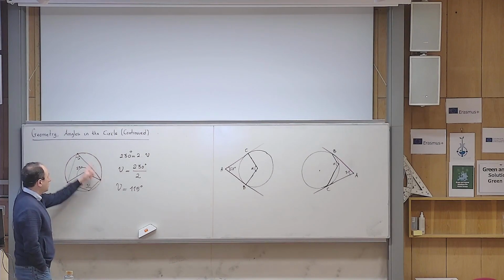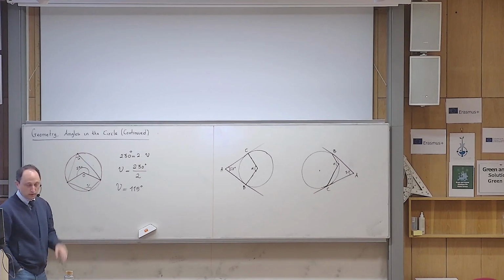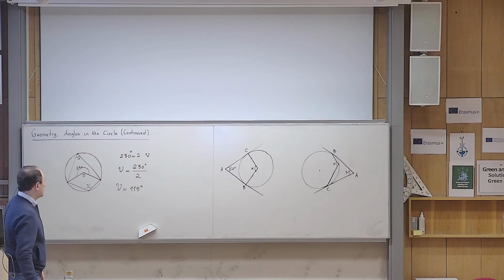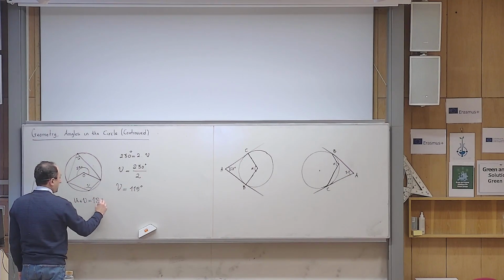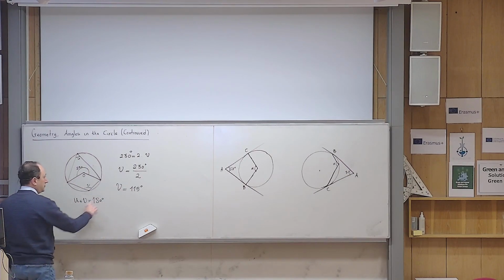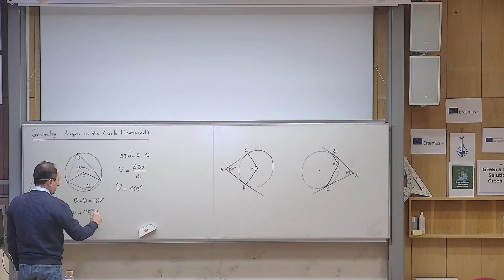In a cyclic quadrilateral, what we know more is that the sum of the opposite angles should be 180 degrees. So what I can write is that U plus V should be 180 degrees. V is already found, so I put it here, and then I look for U. It is very simple.